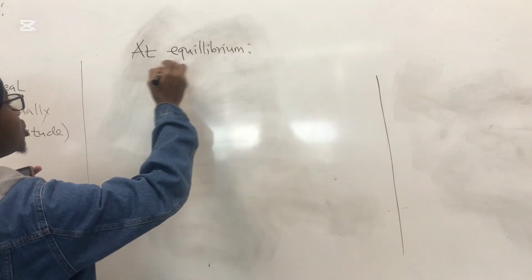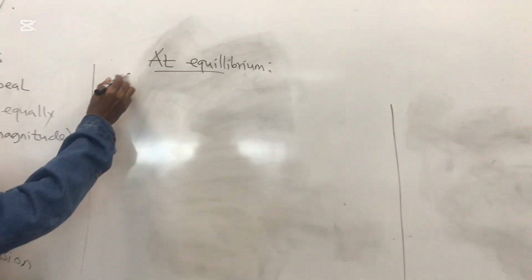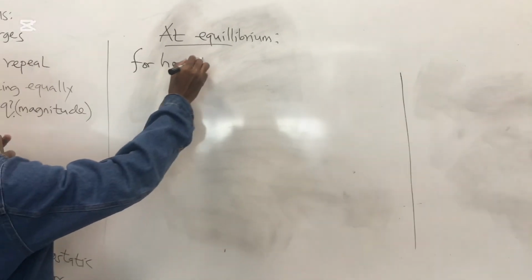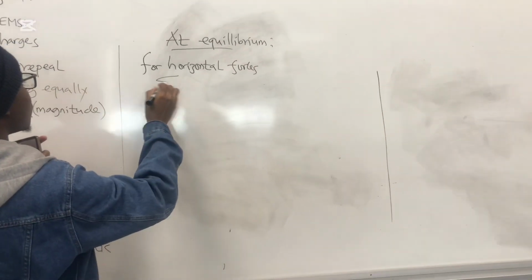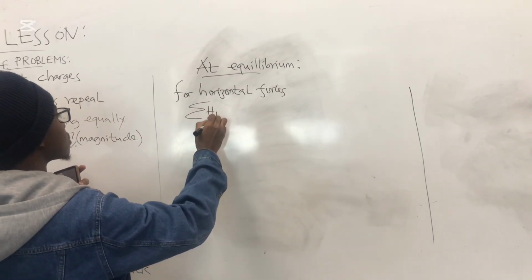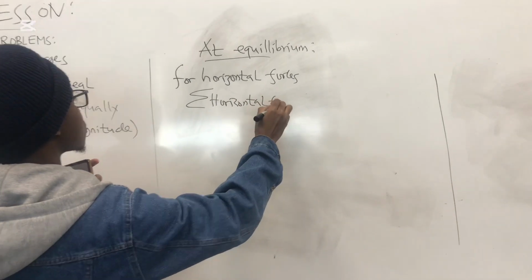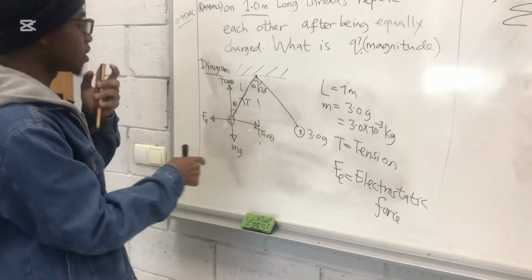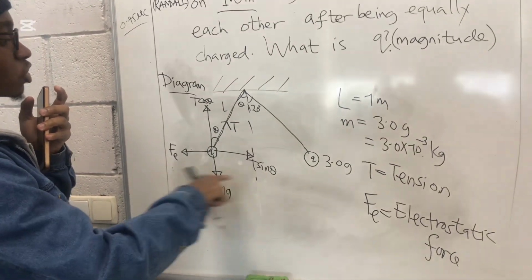At equilibrium, since the charge is not moving, the sum of the net force will be equal to 0. If you consider horizontal forces, the sum of horizontal forces will be equal to 0. You can see you have only 2 horizontal forces: electrostatic force Fe, and the horizontal component of tension, which is T sine theta.